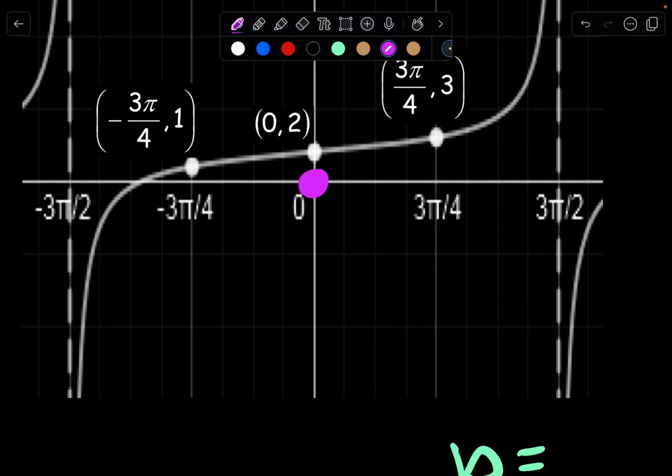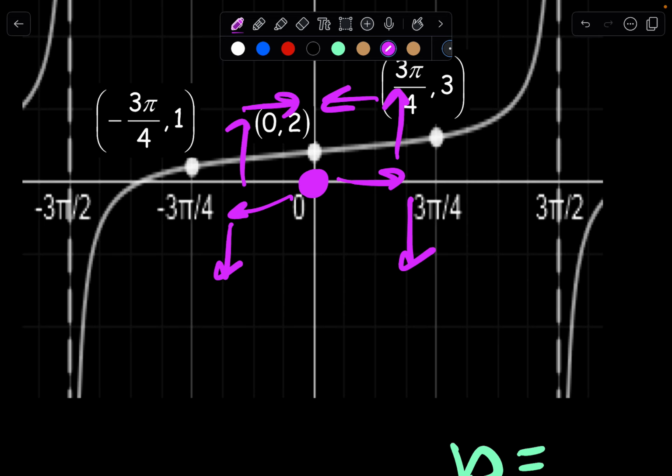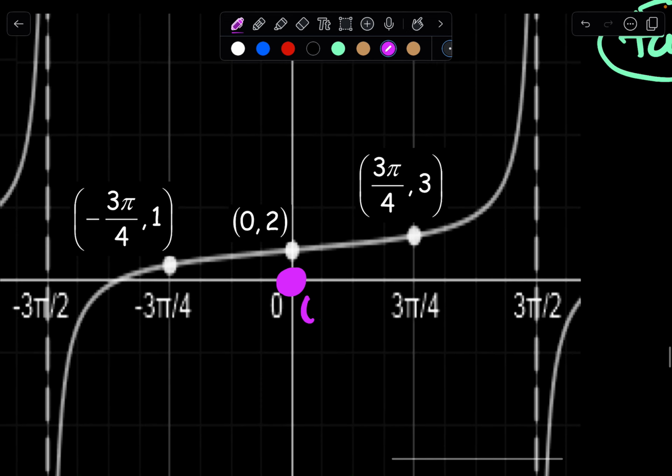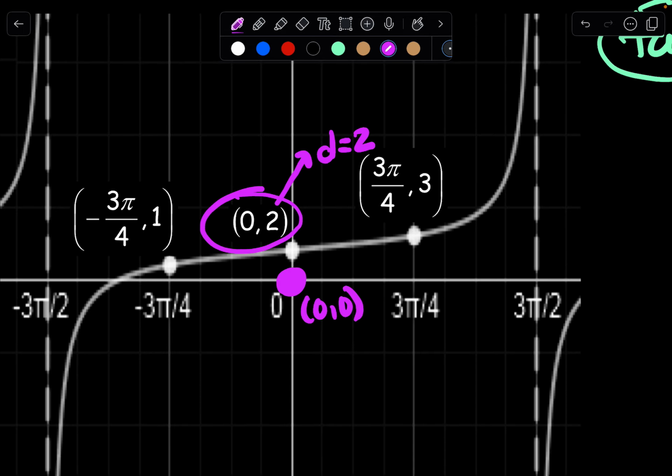So we can use this wherever this goes. That will tell you your horizontal shift and your vertical shift, based on that coordinate point. So our coordinate point is moving from 0, 0 from the original, and it's now at 0, 2. So that 2 is telling me that it was shifted up 2, therefore my d value is equal to 2.